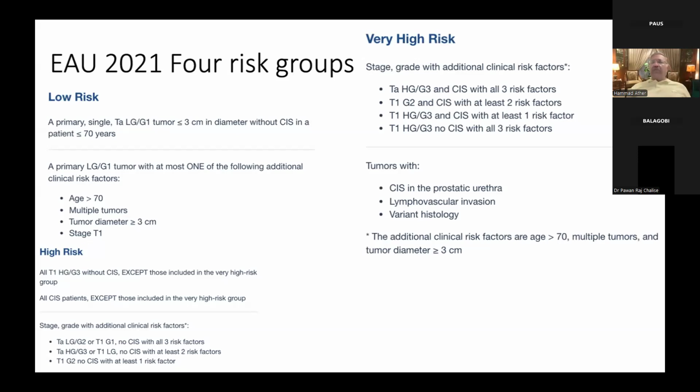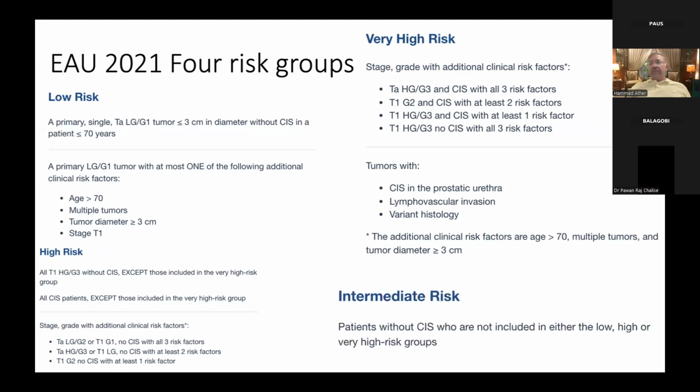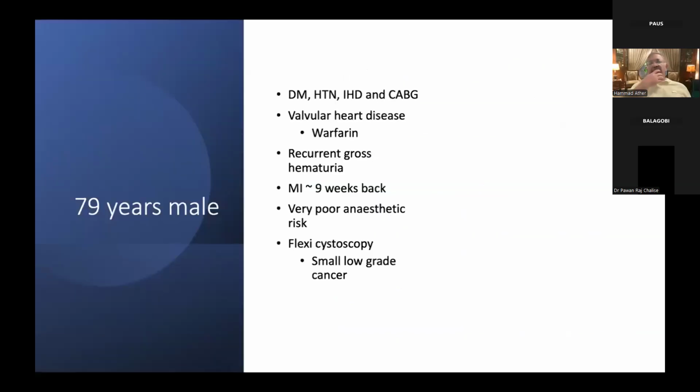If all these risk factors are there with TA high grade, then it becomes very high risk, and so on. I'm not going into the details; they're all easily available for you to see. Tumor with carcinoma in situ in the prostatic urethra, lymphovascular invasion, and variant histology are the additional risk factors for very high-risk patients.